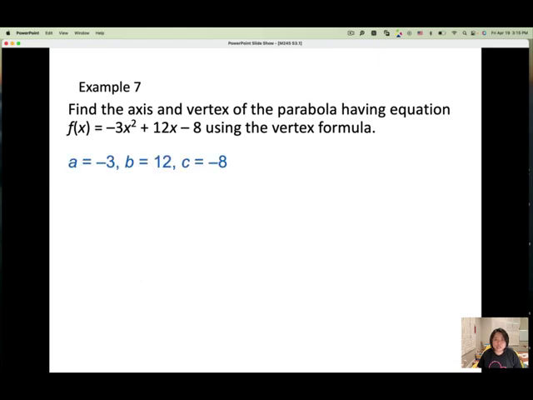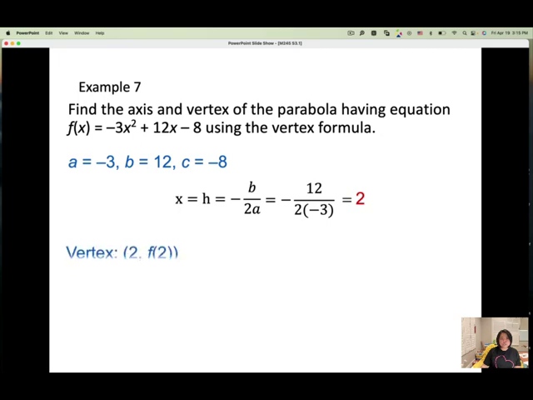A will be equal to -3, B equal to 12, and C equal to -8. And then the x coordinate will be equal to -b/2a. So plug it in. Simplify it, you should get x equal to 2.